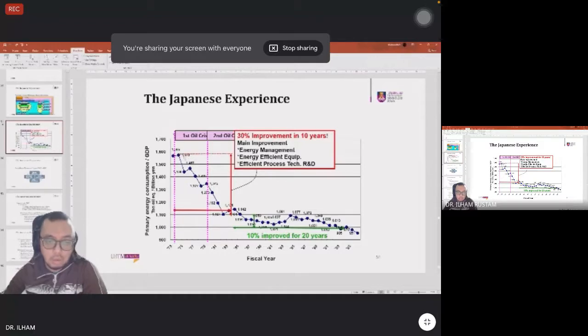Ekonomis saya bukan ekonomis, tapi GDP ni selalunya is the key parameter yang orang measure in terms of energy efficiency of a country, and it shows it has been reduced 30% from 73 to 83, and then it continues to further improve in 1990s up until 2005, lagi rendah lagi. So nowadays I would expect lagi rendah lah, sebab dia orang lagi bagus kalau pergi ke Jepun tu.